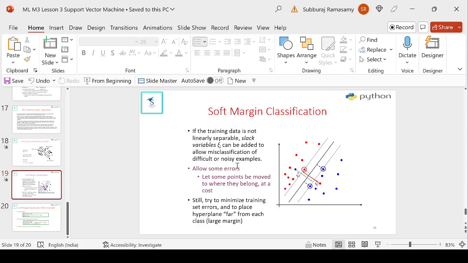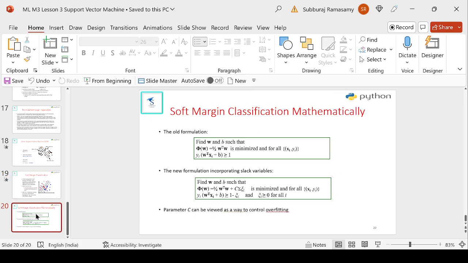You allow misclassification to some extent. Allow for some errors. Let some points be moved to where they belong at a cost. Still try to minimize training set errors and place the hyperplane far from each class. Although there are errors, the margin should still be high. The margin is not affected by misclassified data points.